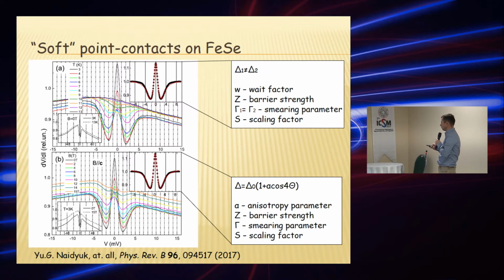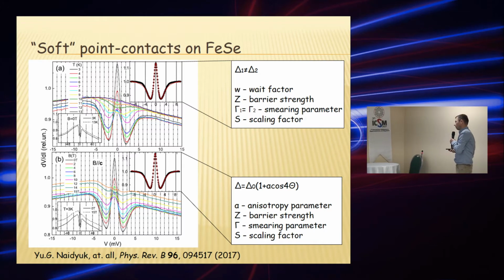To simplify our model, we assumed that the smearing parameters are the same for both gaps, and we also had a scaling factor, which says how much we have to stretch or contract our calculated spectra to match the experimental data. We had the same parameters for the anisotropic gap, with the difference that we had an anisotropy parameter instead of the weight factor.